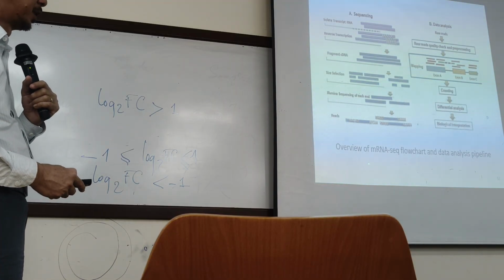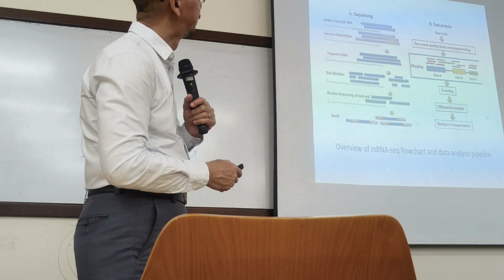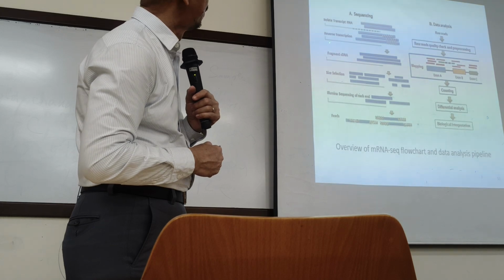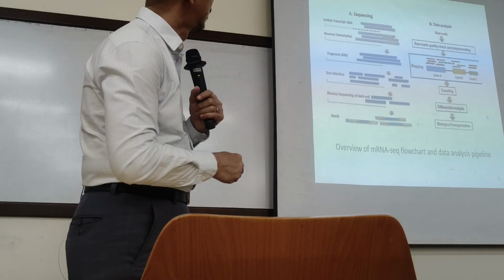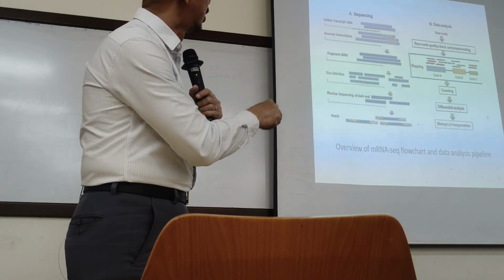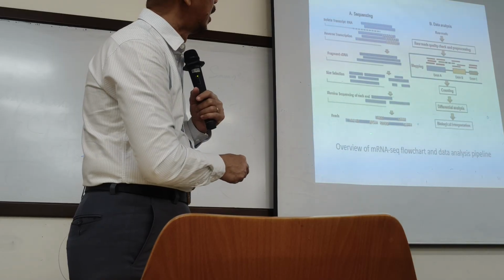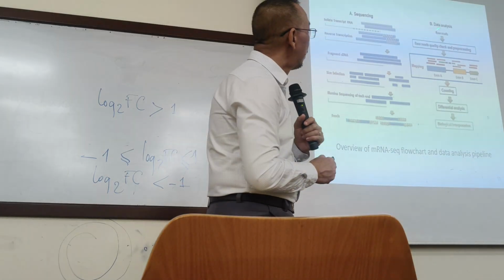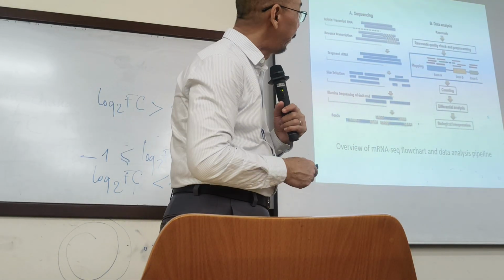Then the overview of the mRNA sequencing flowchart. Look at sequencing, reverse transcription, reference DNA. So on, stack here. And then data analysis. The raw reads: quality check and processing, we have a way to do that.